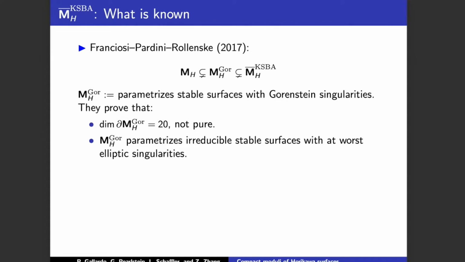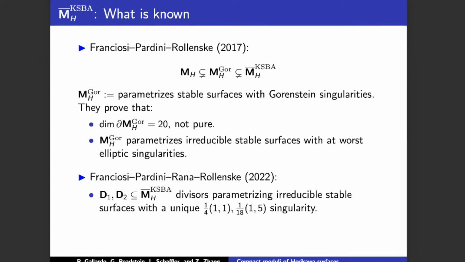There was also a follow-up work to this, together with Rana. They were able to identify two entire boundary divisors in this compactification, which here I will denote by D1 and D2. On a dense open subset, those boundary divisors parametrize irreducible stable surfaces with a unique cyclic quotient singularity.